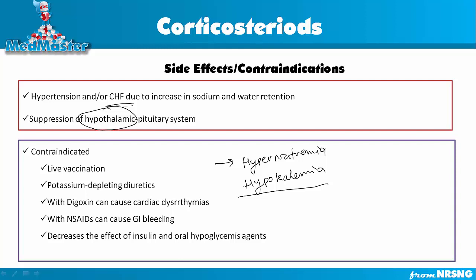With NSAIDs, non-steroidal anti-inflammatory drugs, it can cause GI bleeds, and also this medication decreases the effect of insulin and oral hypoglycemic agents, because if you remember, this medication already increases the glucose level and decreases the insulin effectiveness. That will cause even more hyperglycemia in these patients as well, so you need to be really careful.